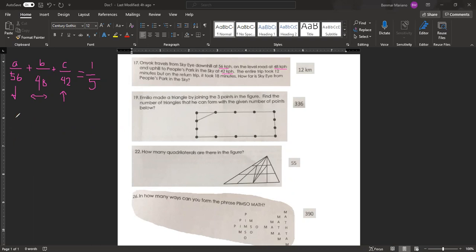So this must be A. A over 42, plus B over 48, plus C over 56 is equal to the total time. Since he is now going back, it is equivalent to 18 minutes. 18 minutes over 60 minutes is actually 3 over 10. Okay.